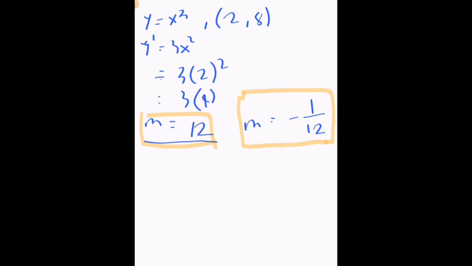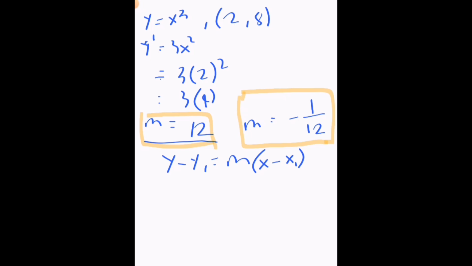Same as in finding the equation of the tangent line, we will utilize the formula y minus y sub 1 equals the slope multiplied by x minus x sub 1. Simply substitute the values of y sub 1 and x sub 1. Those are the values of x and y in the point of tangency.